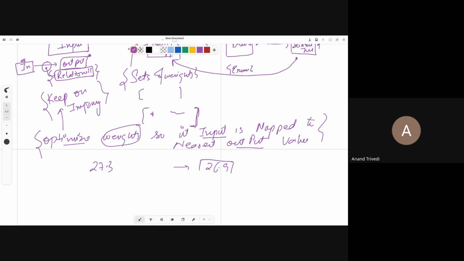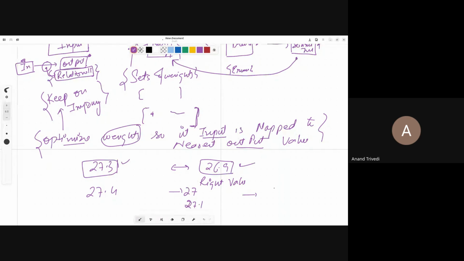If it is predicting this, then obviously it is near. We are almost near to this, right? So this can be considered the right value because the error is very small. Or it may be that 27.4 is there and it may predict some 27. Or if it is 27.1, then obviously.